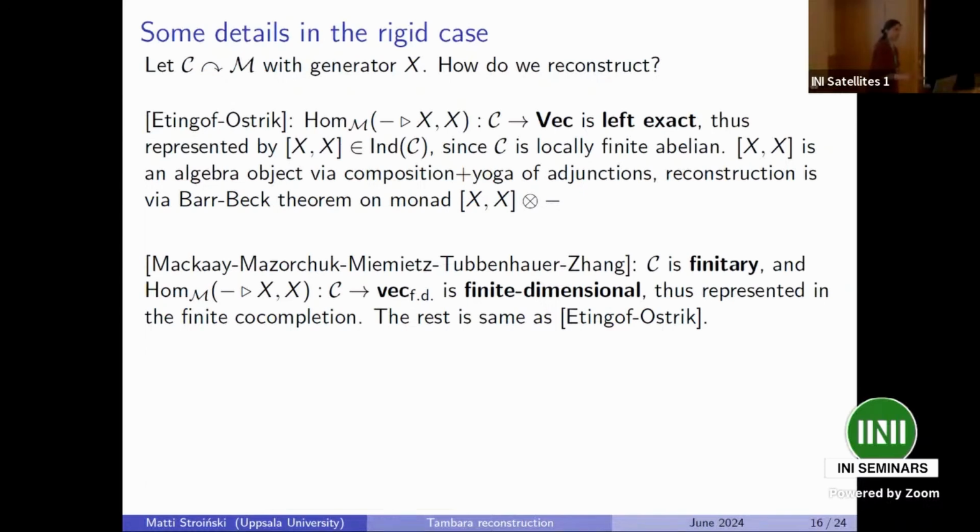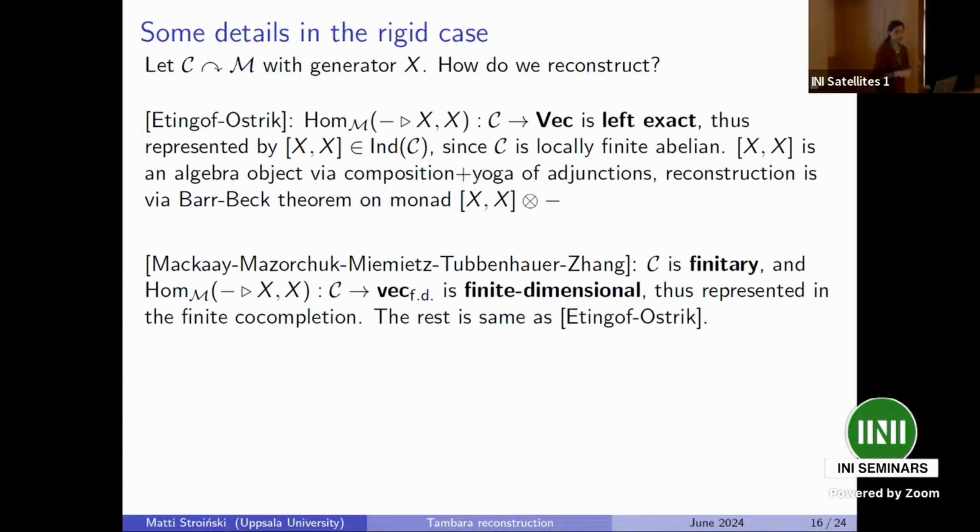So this is represented by some object in Ind C, and then we just use composition of morphisms and some yoga of adjunctions, because there are a lot of adjunctions flying around, to prove that this is an algebra object, and then prove that the modules for that are the modules for the corresponding monad given by tensoring with this algebra object, and then use the monadicity theorem. So then we can put it into a big categorical machine and we get the reconstruction.